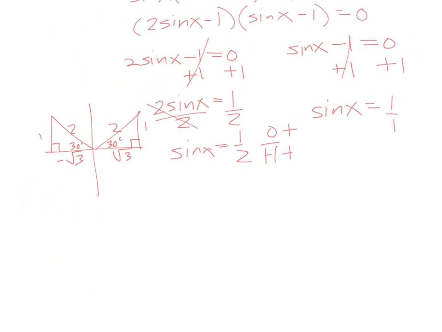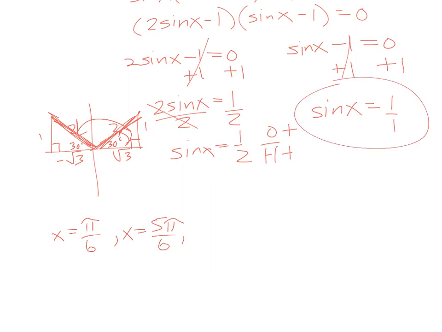What are our answers here? Now I just need to figure out the rotation for this terminal side. That's 30 degrees, or pi over 6 radians. Then you have this rotation here, which is 150 degrees, which is 5 pi over 6 radians. Then I have this equation over here. Let's build some triangles.